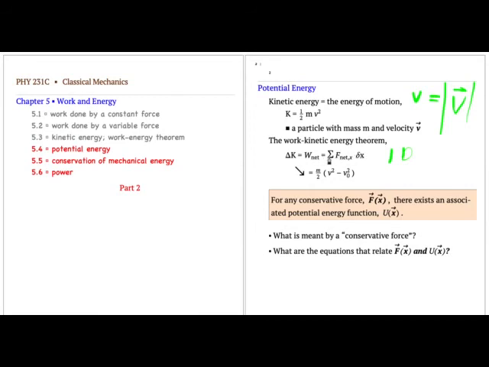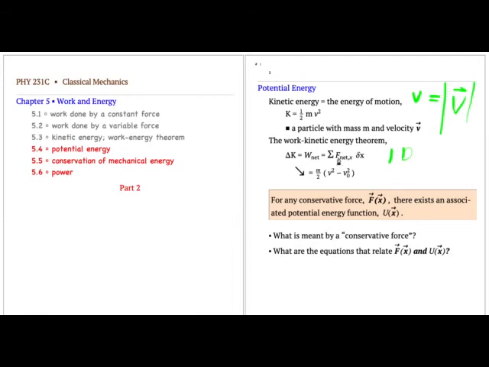But the important point is the force that's going into this equation is the net force acting on m. It's not equal to the force that m exerts. It's not equal to some other kind of force.